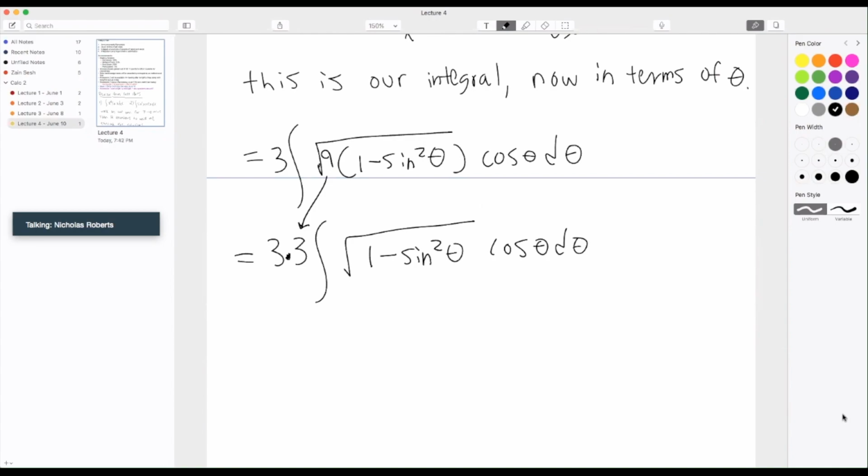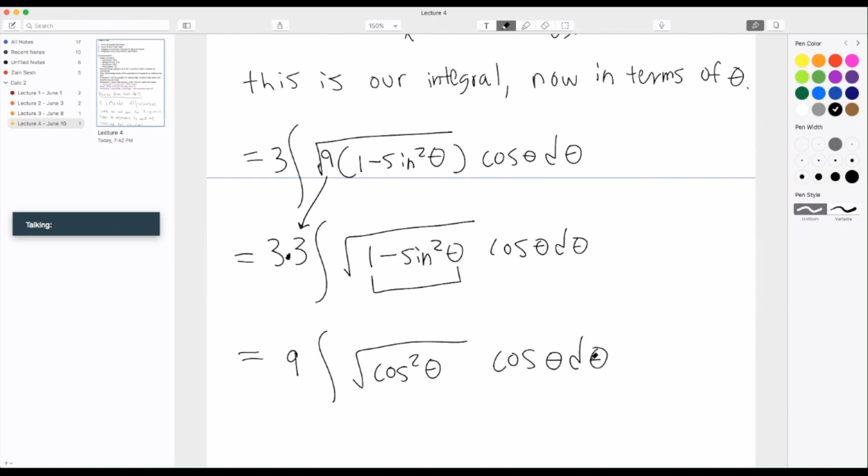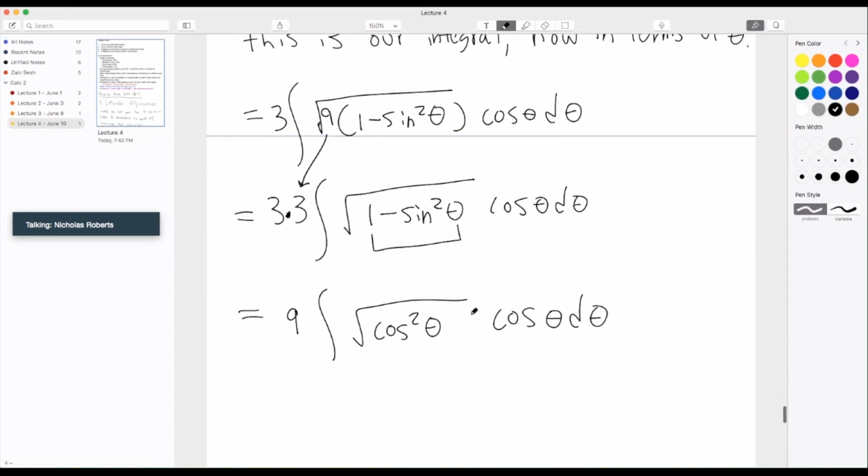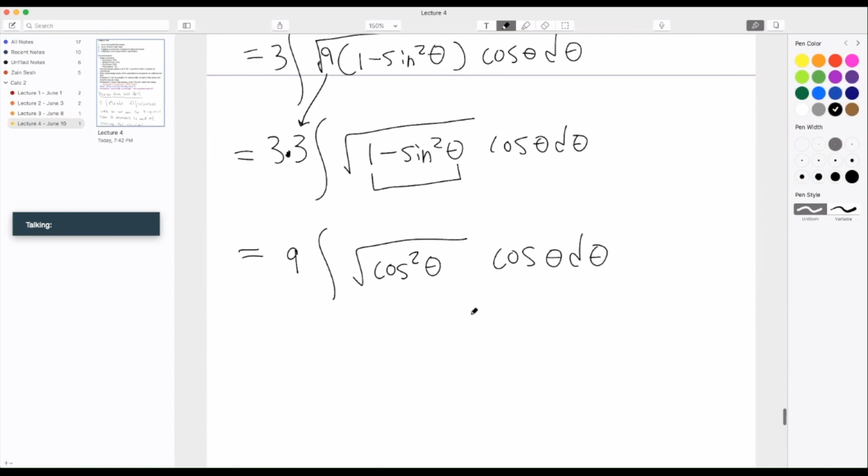Okay, hope everyone is still with me. Now, the 3 times 3 out front will just be a 9. And I can rewrite this 1 minus sine squared theta as the square root of cosine squared theta. Now what's really nice is that we have the square root of a square, so this just becomes cosine theta.